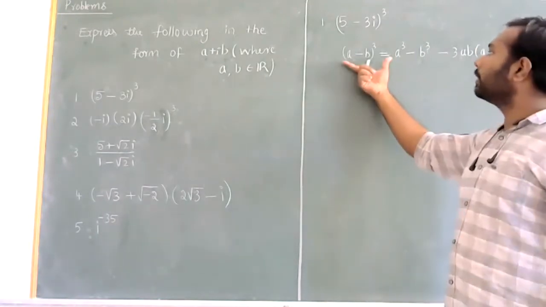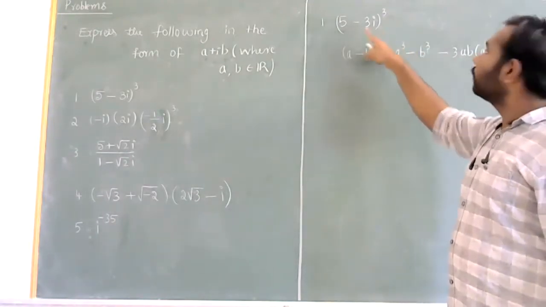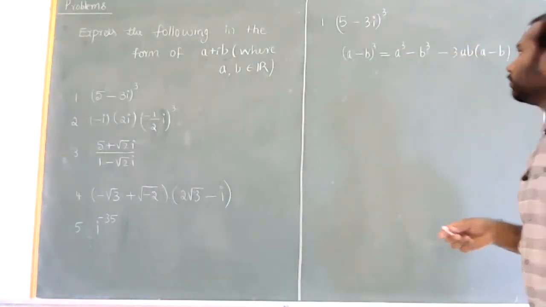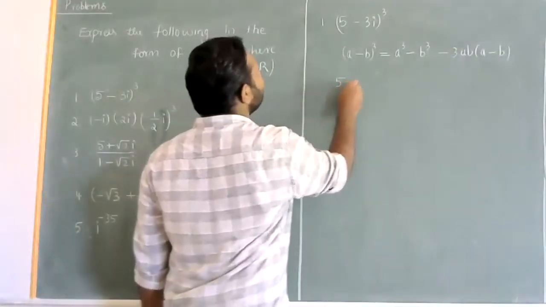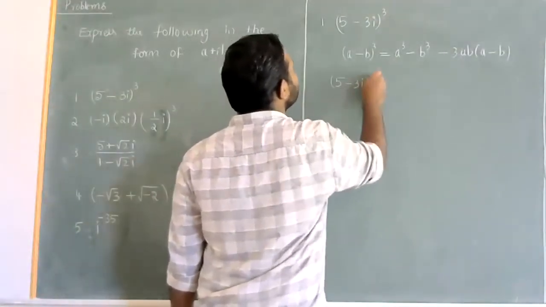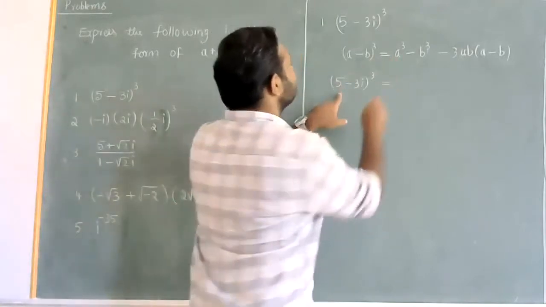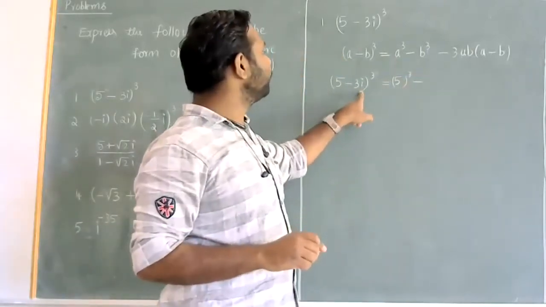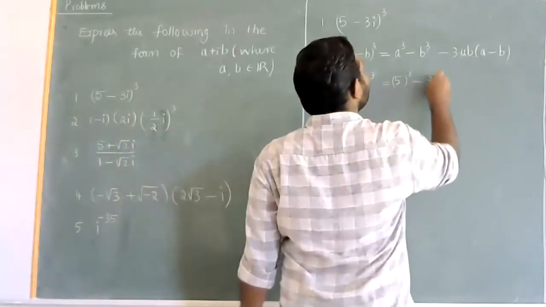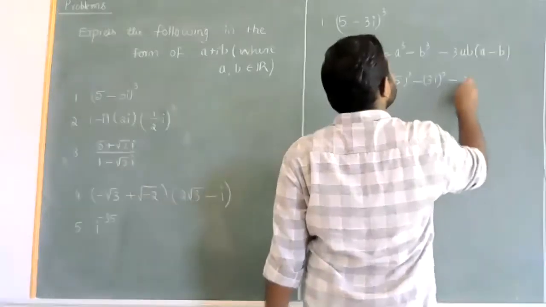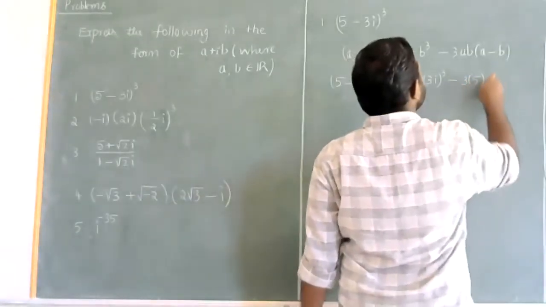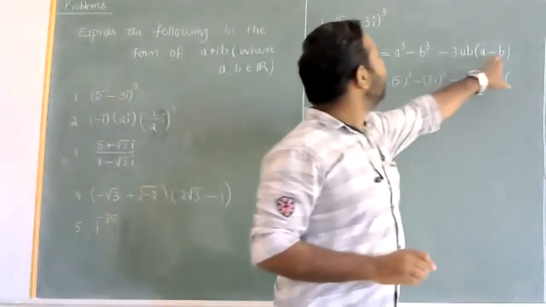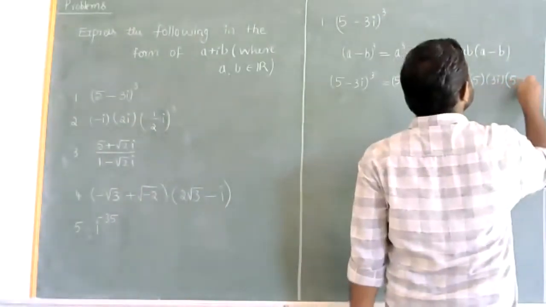If you can't remember this one, we can split the power: (5 minus 3i) into (5 minus 3i) whole square. Then (5 minus 3i) whole cube is a cube, that is 5 cube, minus b cube, (3i) whole cube, minus 3 into 5 into 3i into (a minus b), that is (5 minus 3i).